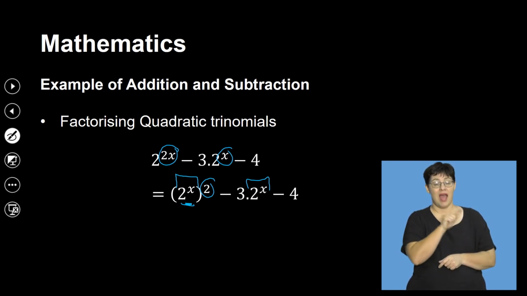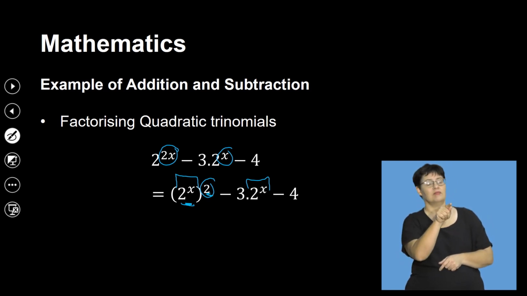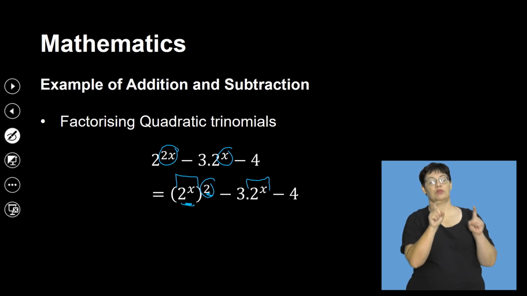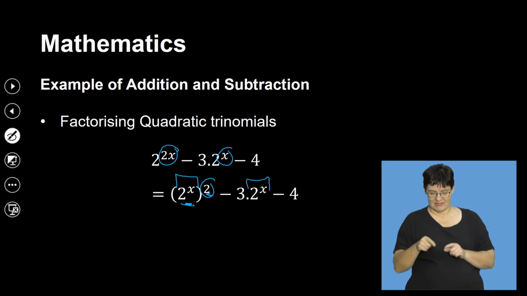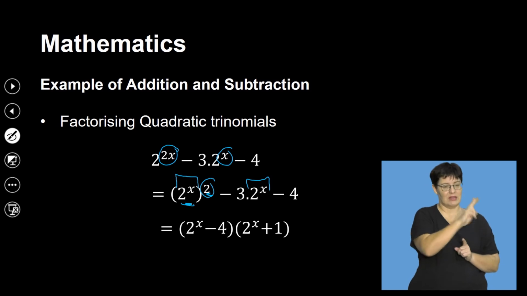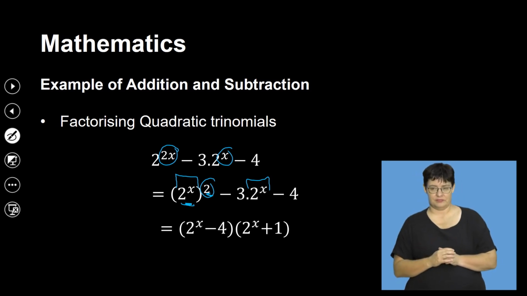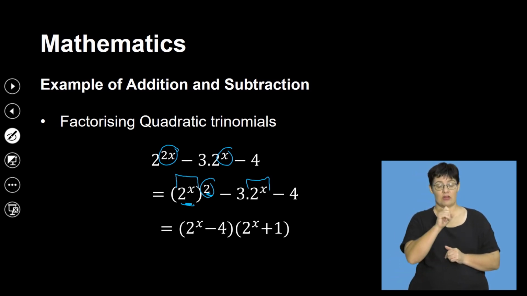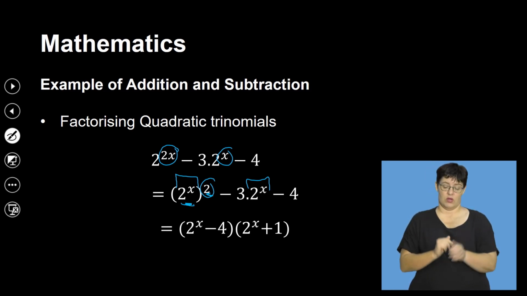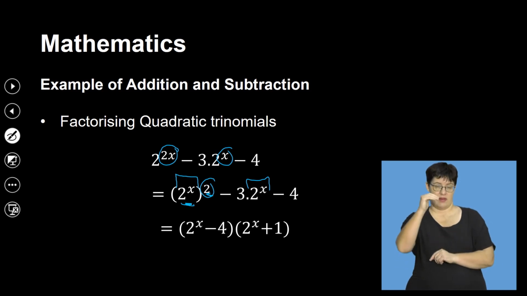But because of this 2 that is outside, it makes the main principle I was saying, it being twice the exponent of the middle term. And then if you factorize this, it becomes the same as 2 to the exponent of x minus 4 into 2 to the exponent of x plus 1.